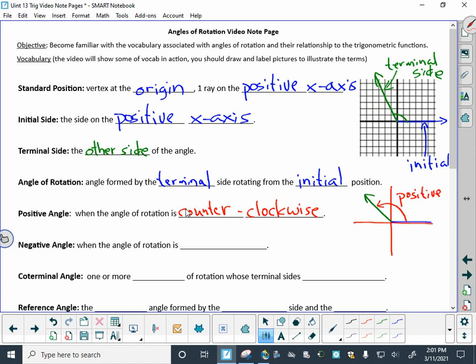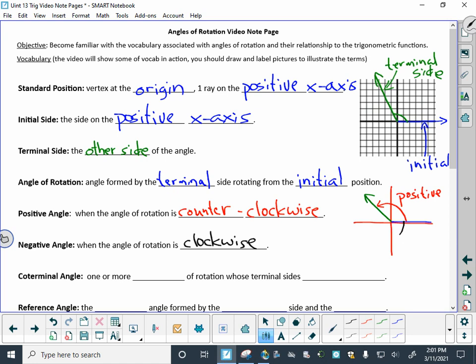Okay? We get a negative angle of rotation when that rotation is clockwise. So if I view this as starting and moving in the counterclockwise direction, I get a positive angle.